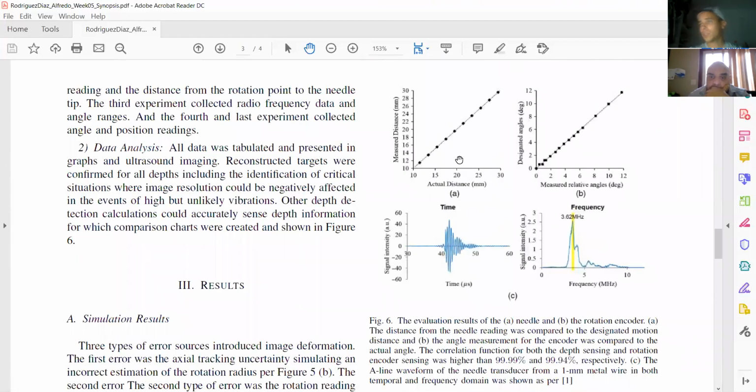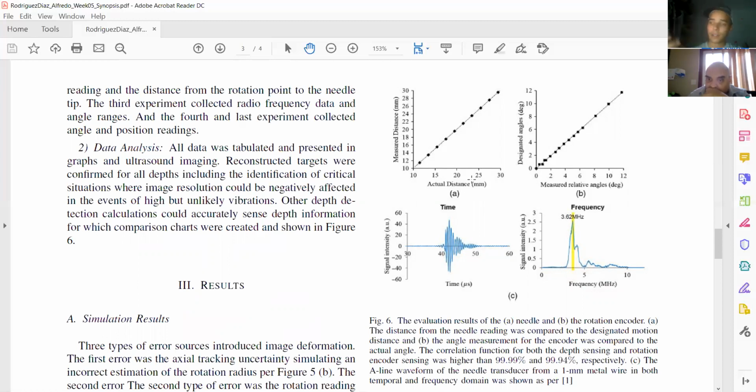On these charts, they show what they collected throughout the entire simulation. They had multiple targets to see if it was capable of doing the real-time imaging. So here you can see the actual measured distance based on the transducer, and the distance based on the simulation of where you thought it would end.